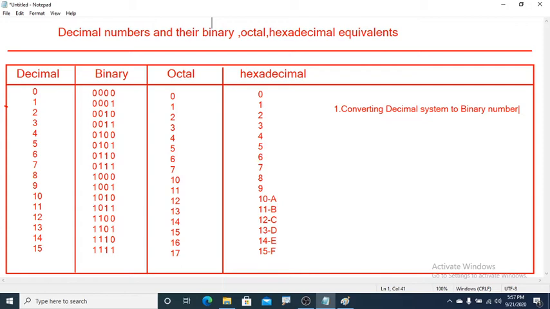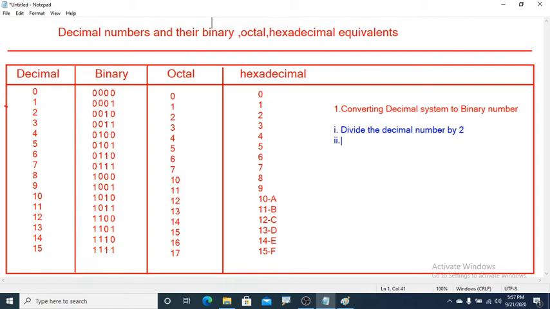Now the first step is to divide the decimal number by 2. This is the first step.